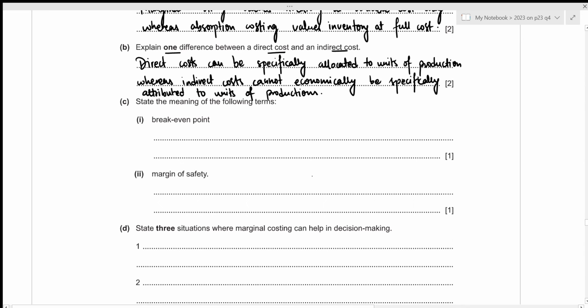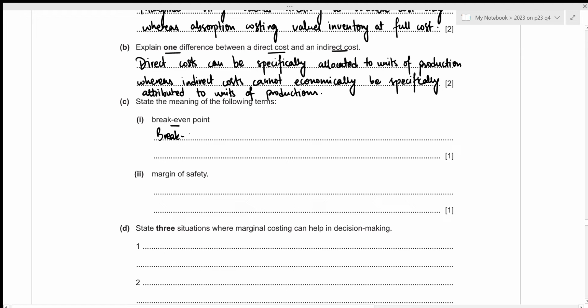Now we need to state the meaning of the following terms. The first one is break-even point. So break-even point is the point at which our total revenue will equal the total cost, so that it is a situation where there is neither any profit nor any loss. Let's write it down.